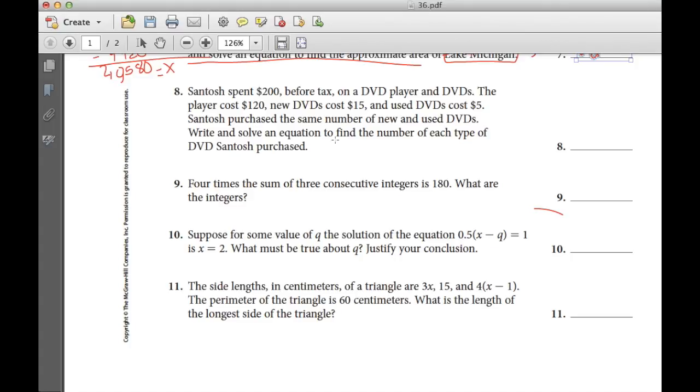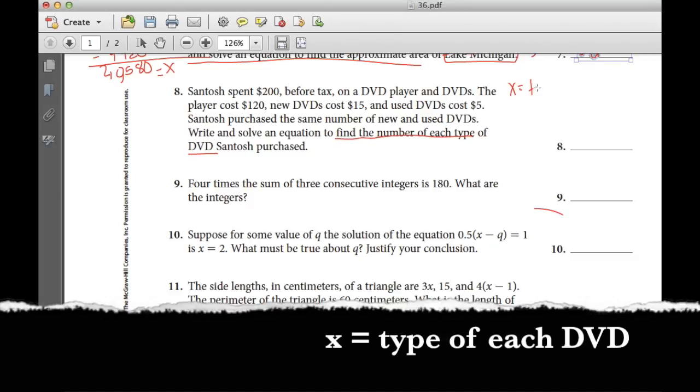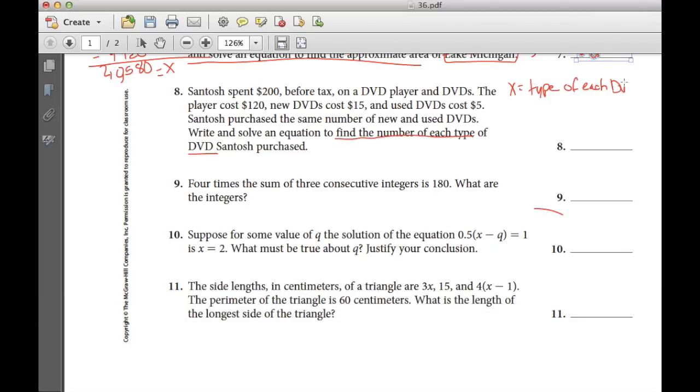So again, we're going to start at the end to find the number of each type of DVD. So we're going to say x equals the number of each type of DVD.